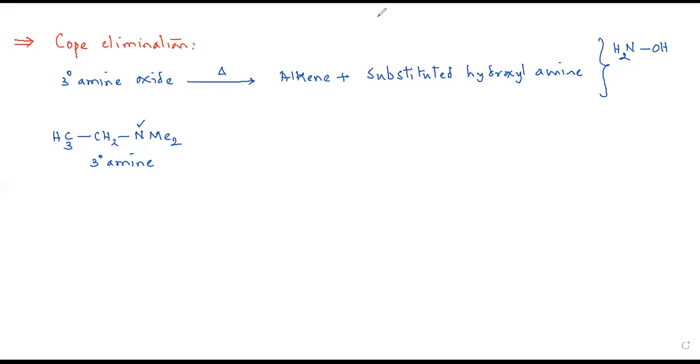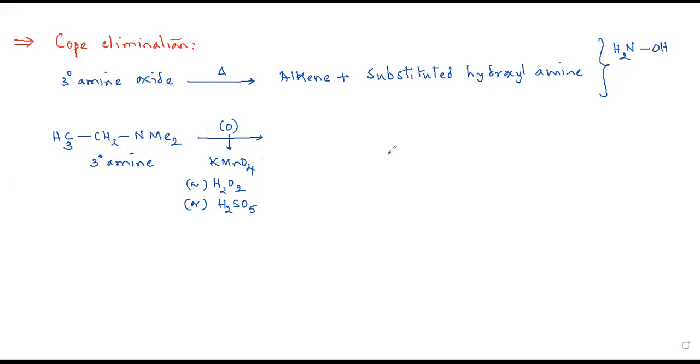A tertiary amine, of course. Now this, in the presence of an oxidizing agent, like you can go for potassium permanganate or something like hydrogen peroxide or even Caro's acid, peroxymonosulfuric acid.